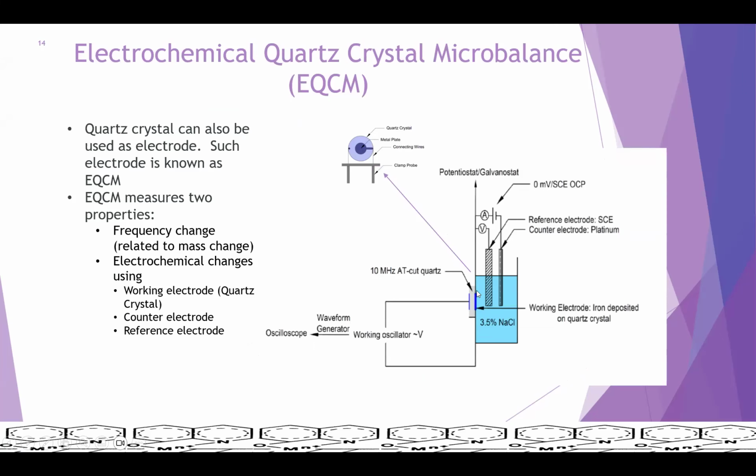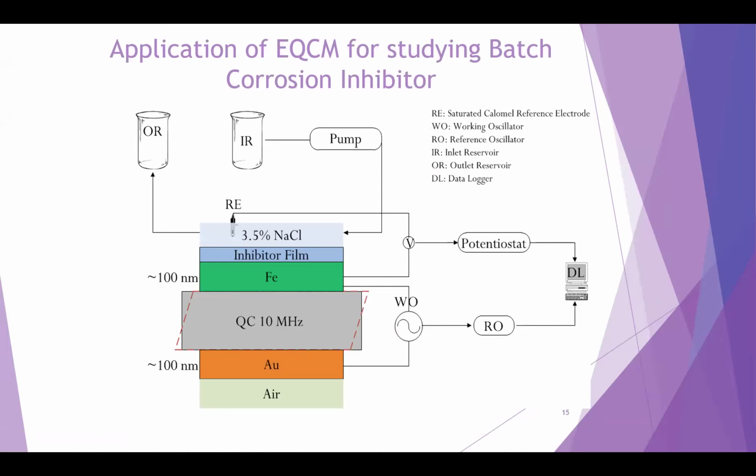So basically, one surface, two measurements. One measures the mass loss, two measures the electrochemical activities. Basically, this is a crystal on which iron is deposited, on which the inhibitor film is formed, and the inhibitor film's behavior is followed using electrochemical techniques.